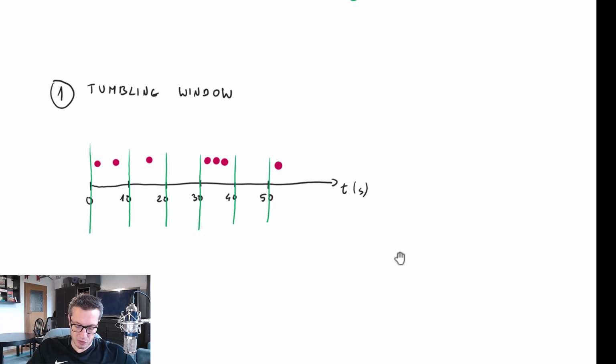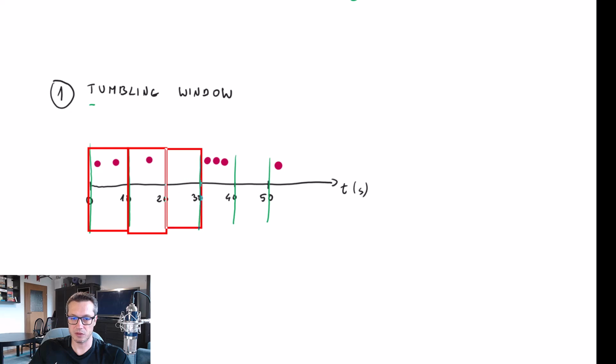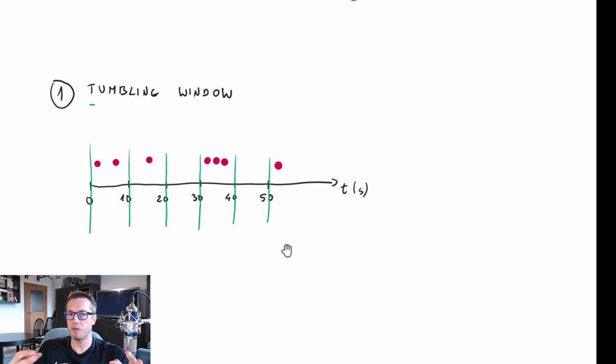The most important thing about the tumbling window is that we split the whole timeline, the whole dataset, into those windows, and they don't overlap. There is no overlap, and as you can see, there are also no gaps between those windows.